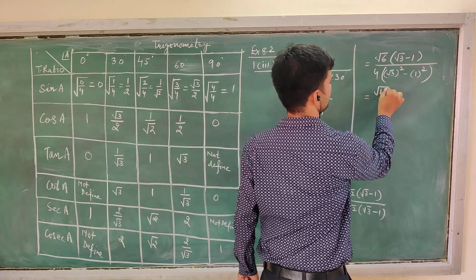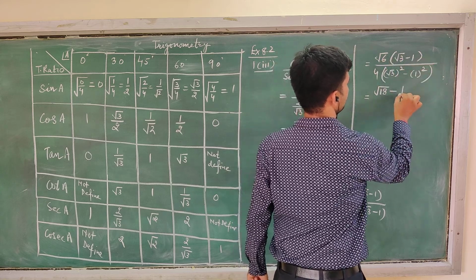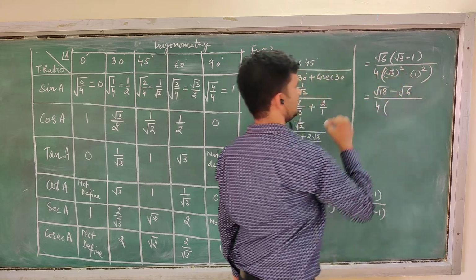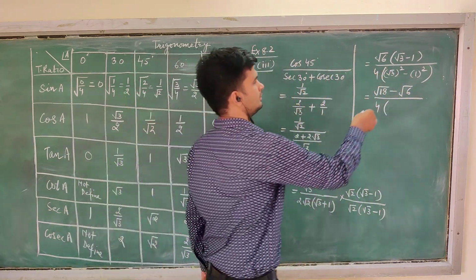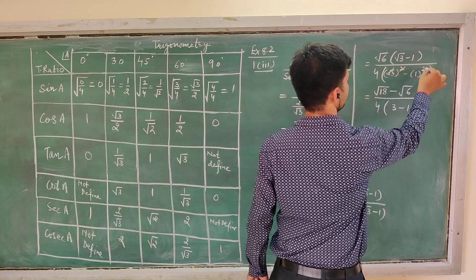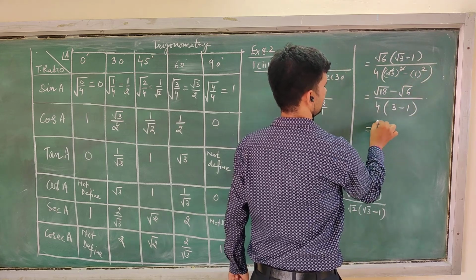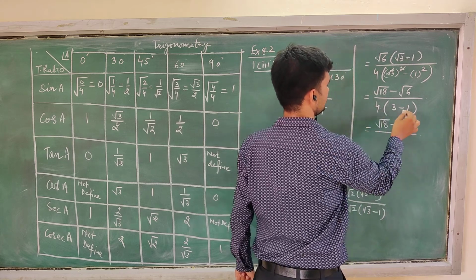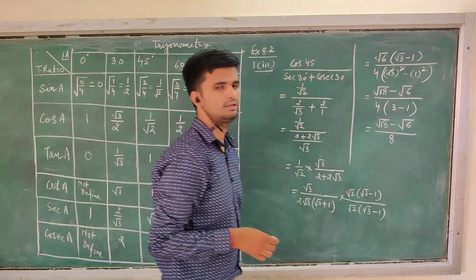So it is root 18 minus root 6 upon 4 into, square and root cancel, 3. 1 square means 1. So it is root 18 minus root 6 upon 4 into 2, 8.